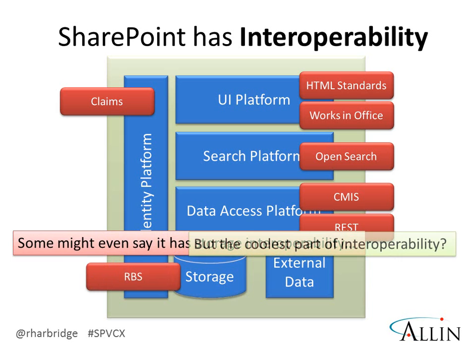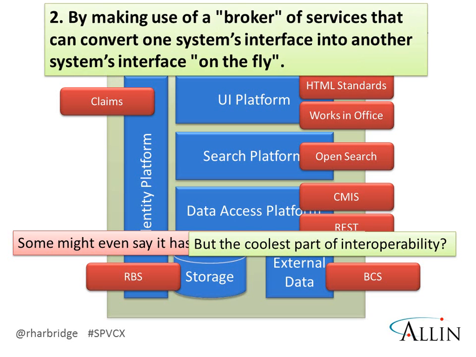From an external data perspective, I think BCS is the coolest part, and I mentioned it a lot. Business Connectivity Services is a new or improved thing in SharePoint 2010. And really, the one thing I didn't mention was that number two: by making use of a broker of services. I believe that is actually what BCS does.